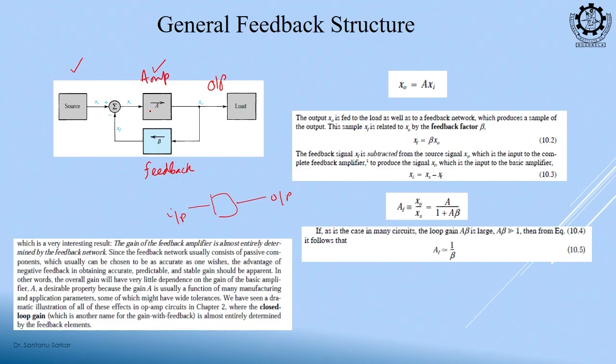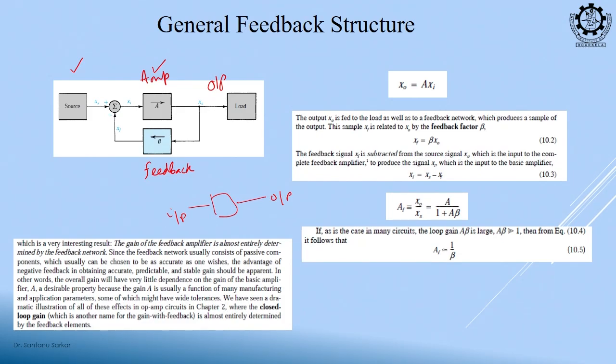So, this is your main op amp and the connection from output to input is beta. Do not confuse this beta with the beta of a BJT, this is just the feedback factor. This is a resistance ratio or capacitive ratio, whatever the element is, the gain of that is beta. Generally it is less than 1.